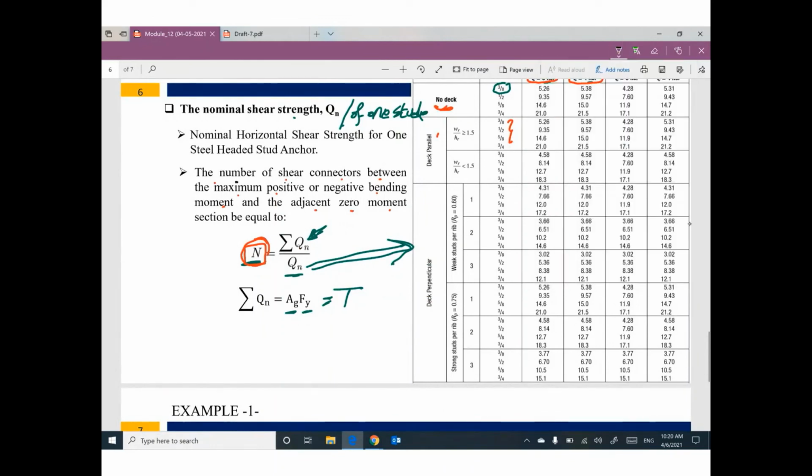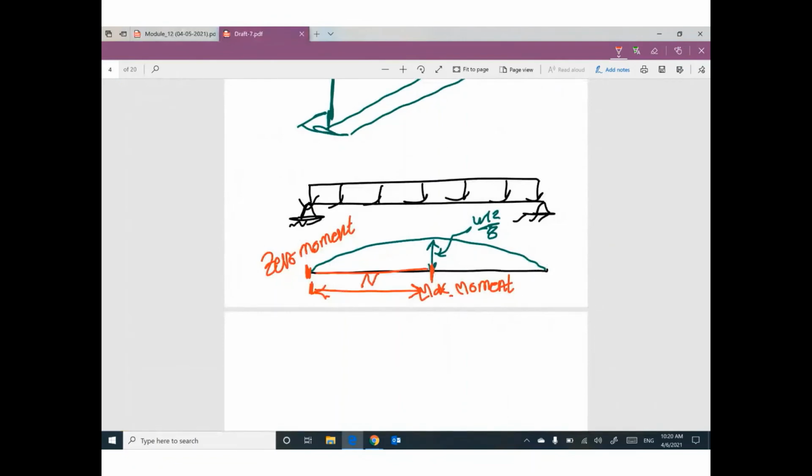So the number of shear connectors between the maximum positive moment and the adjacent zero. The number here, for example, is 36 connectors. That means in this half of the beam, we need 36. The other half of the beam, we need 36.